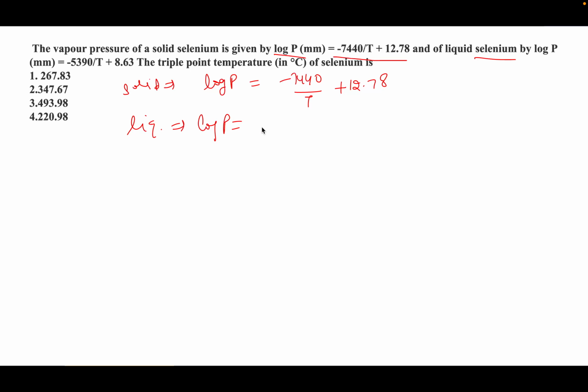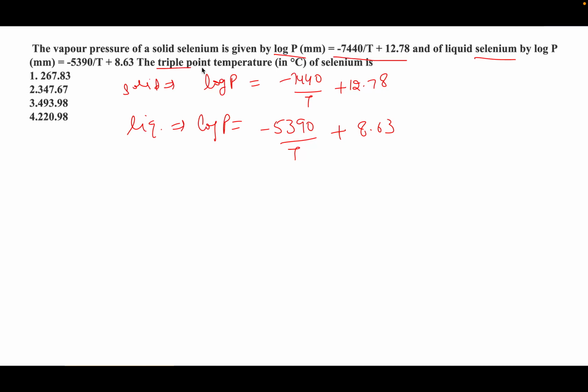Next question. The vapor pressure of solid selenium is given by a formula for log P, and for liquid selenium it is given by another formula. So for solid, log P is equal to minus 7440 by T plus 12.78, and for liquid, log P is equal to minus 5390 by T plus 8.63.